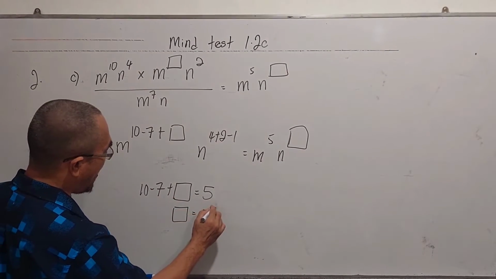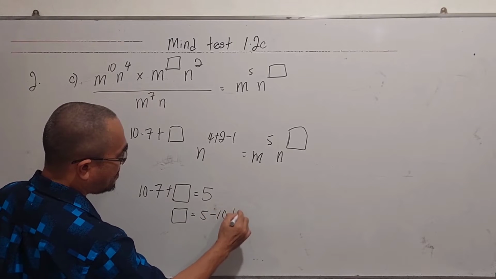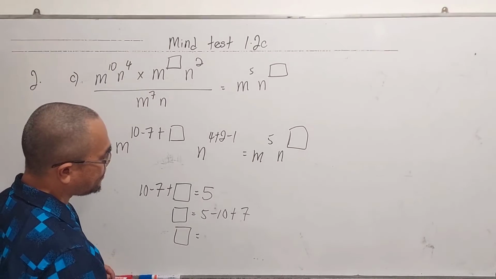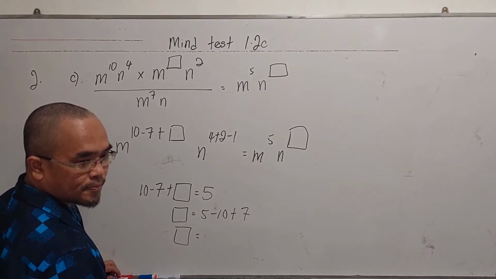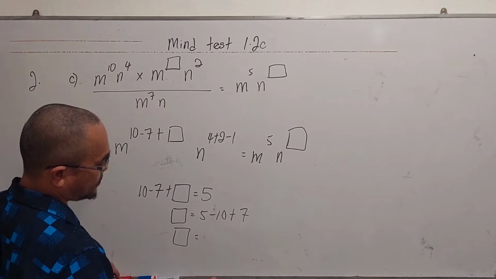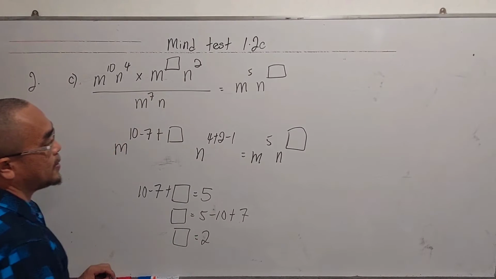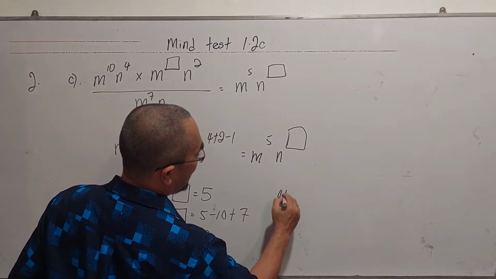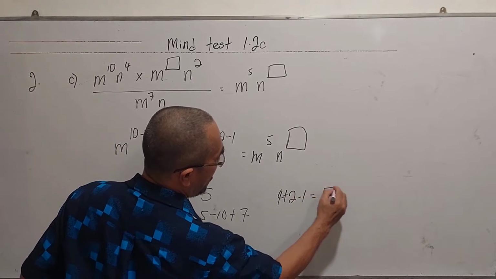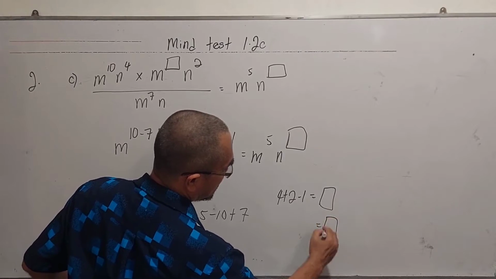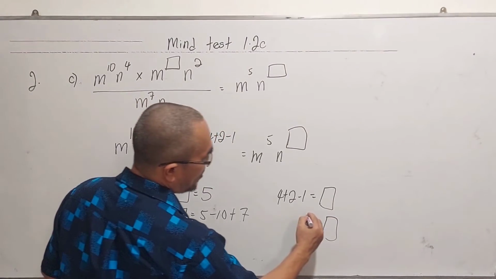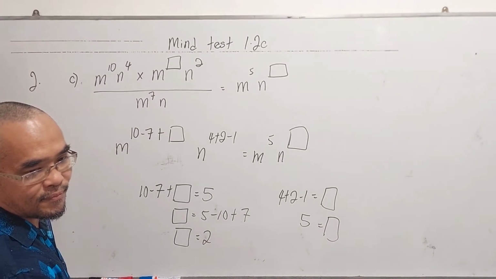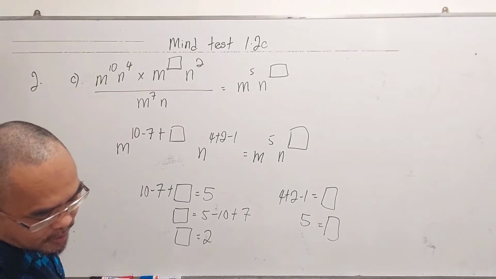Just bring 5 minus 10 plus 7. So the value in the box should be 2. Similarly for n, we have 4 plus 2 minus 1 will be the box. So the box for n will be 5. Okay, any question on that? No.